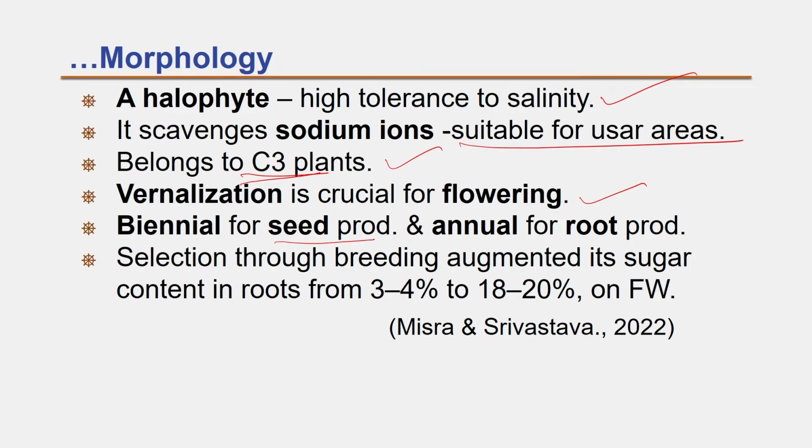It is biennial for seed production and annual for root production. Selection through breeding augmented its sugar content in roots from 3.4% to 18 to 20% on a fresh weight basis. So you can see that plant breeders developed varieties which now contain relatively higher sugar.